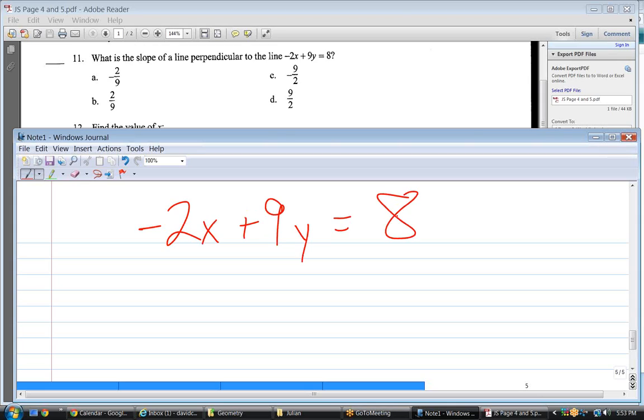They just want to know what the slope is of a line perpendicular to this line. So just put it in the right order. So 9y equals minus 2x plus 8. Come on, we can't move that minus 2x to the other side and have its sign stay the same. Oh yeah, we gotta plus it.